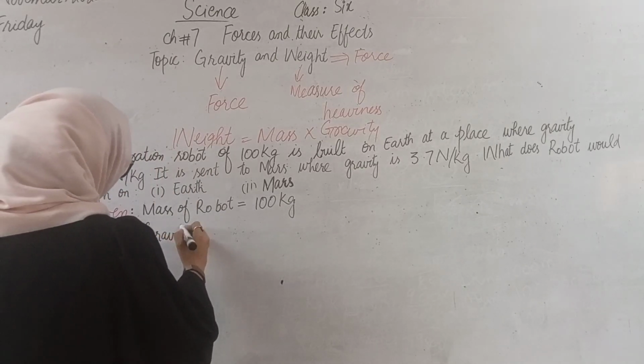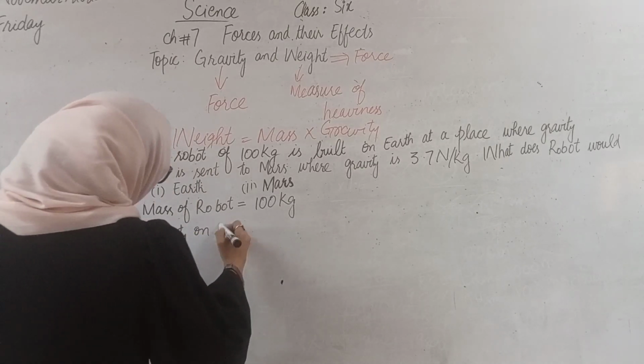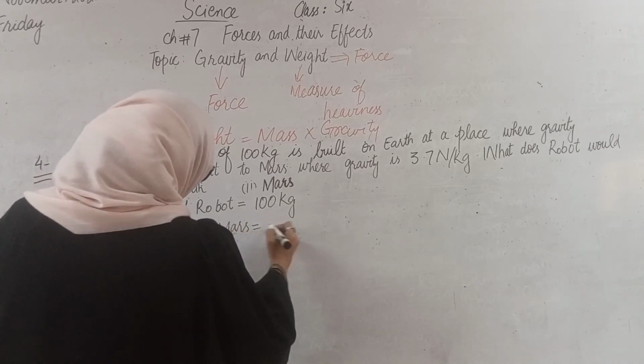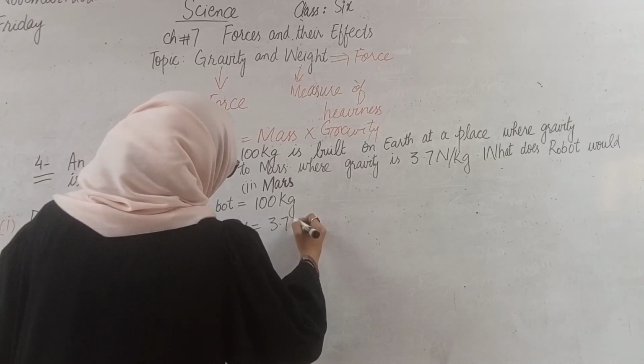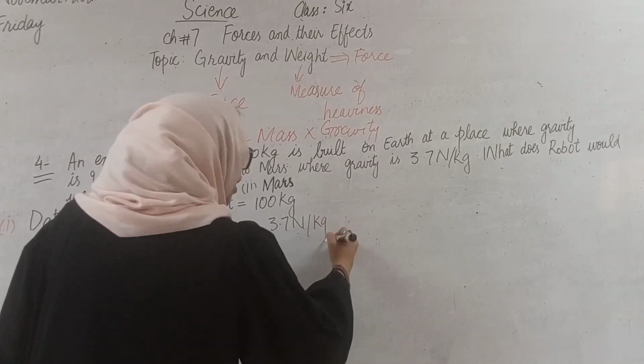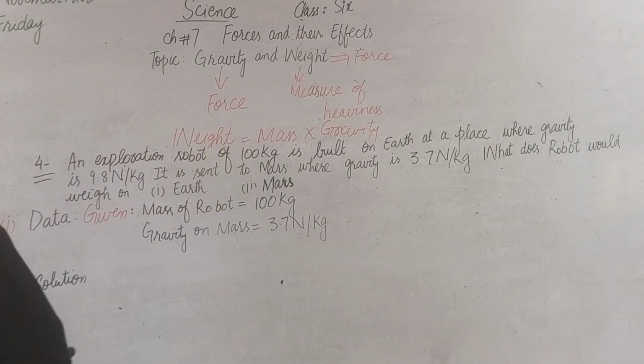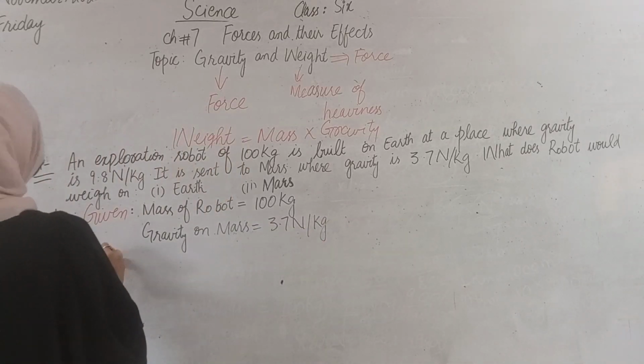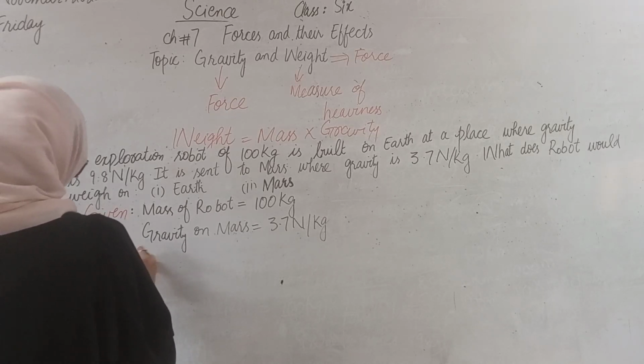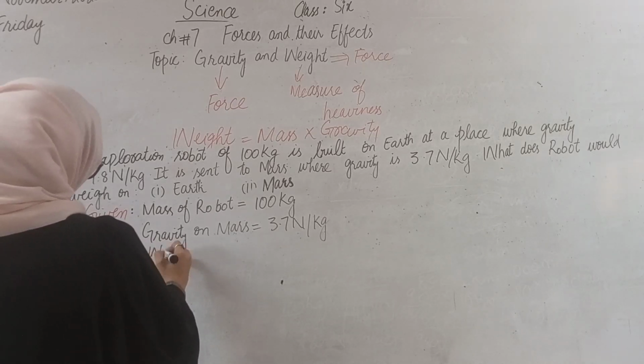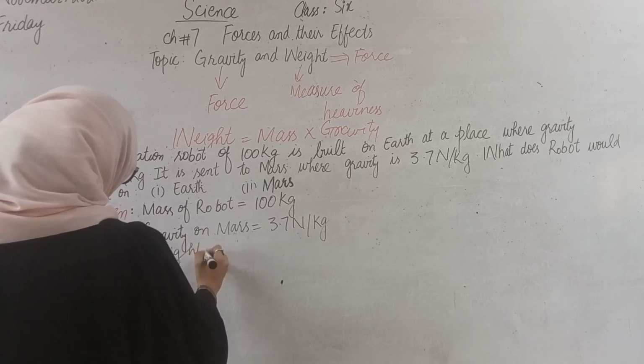Gravity on Mars is given, that is 3.7 Newton per kilogram. And we require the same thing, that is weight. We don't know the weight, we have to find it.